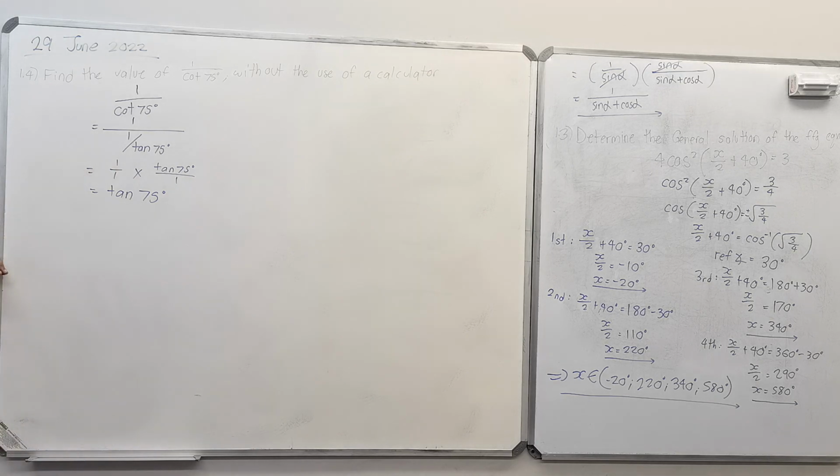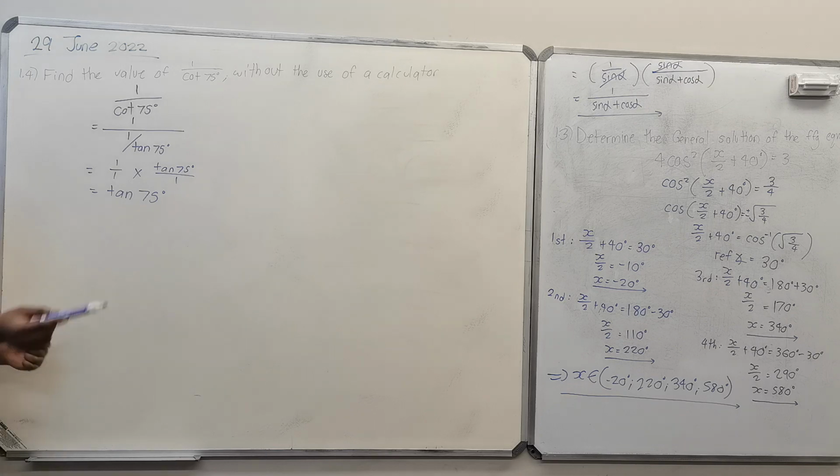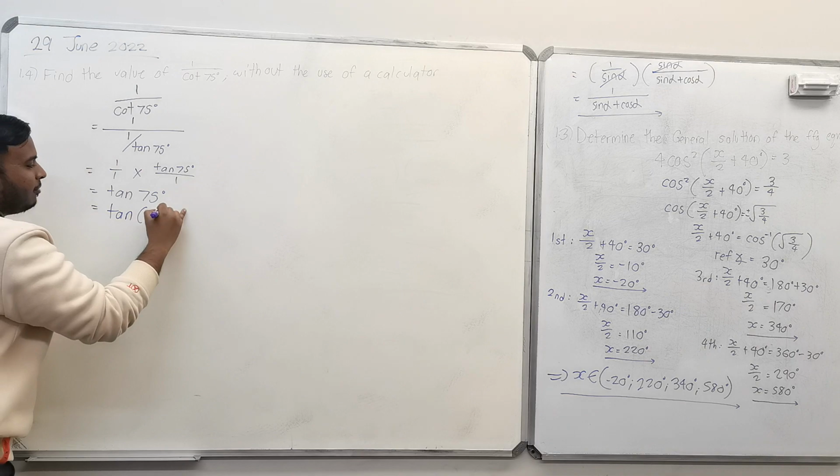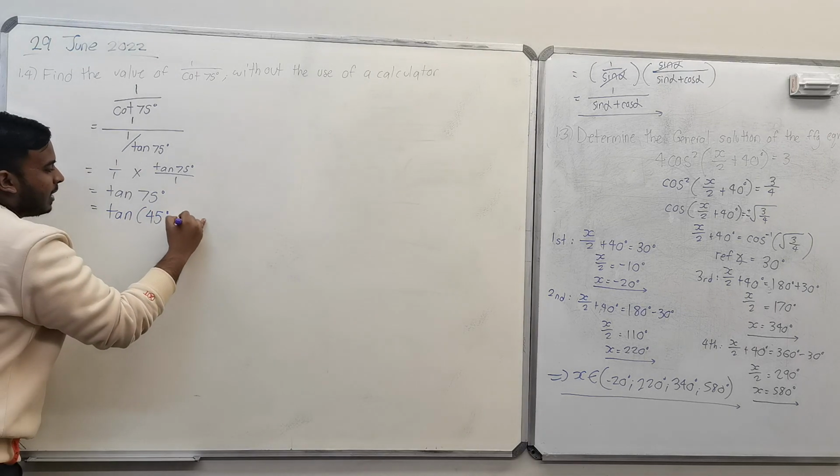Now what do you do? Use special angles. 45 plus 30. So this would now go tan of 45 degrees plus 30.